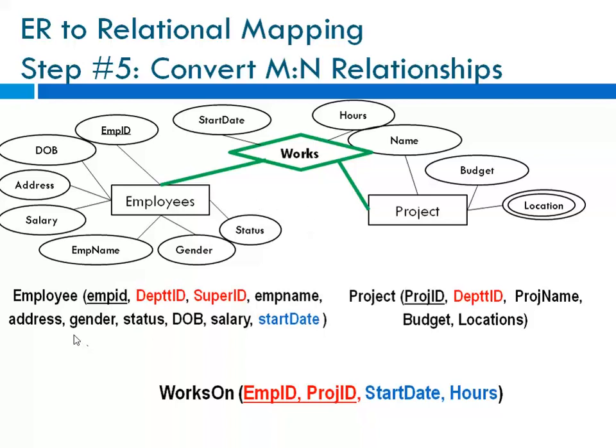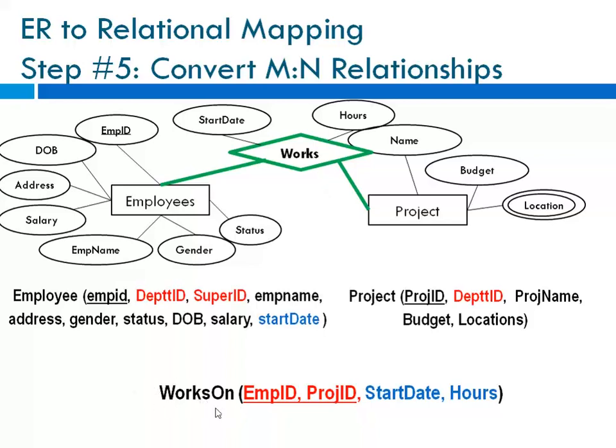So the tables are employee and project. Since these two tables participate in the relation, we have to define a new table for this relationship, which is known as works on.